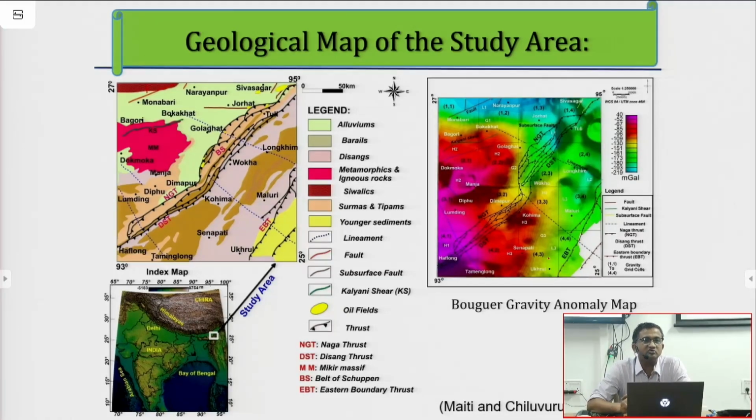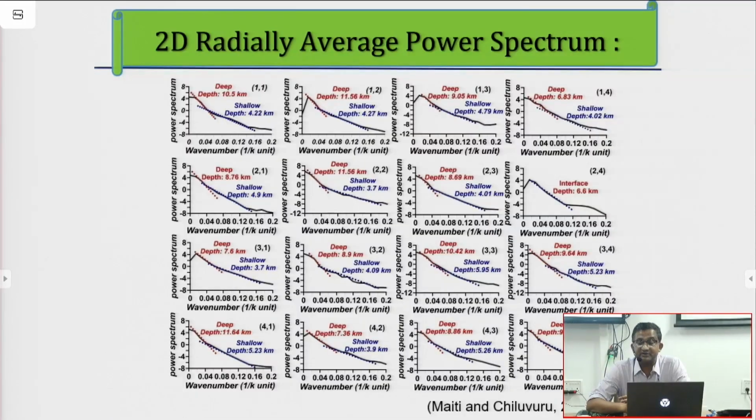So one way is to use publicly available data from organizations, or some purchased data, and do this type of potential field analysis. We apply this model to the real data of our northeast, divide the whole area and do power spectral analysis.